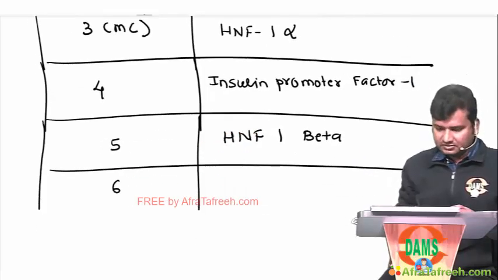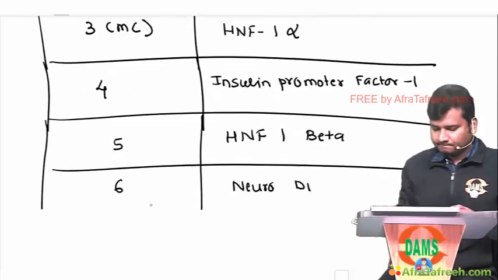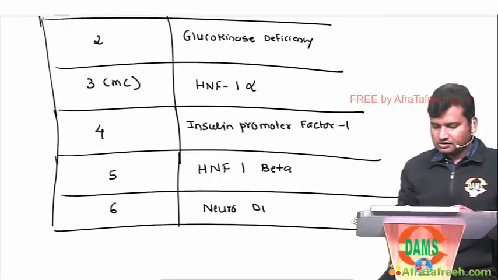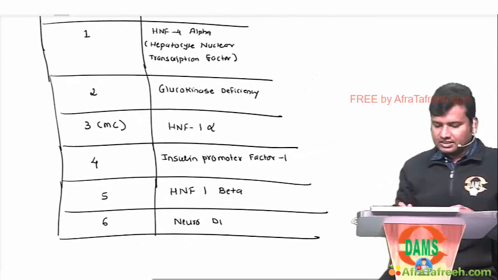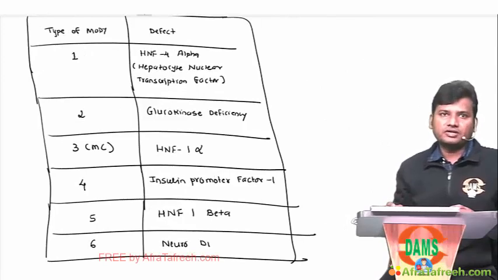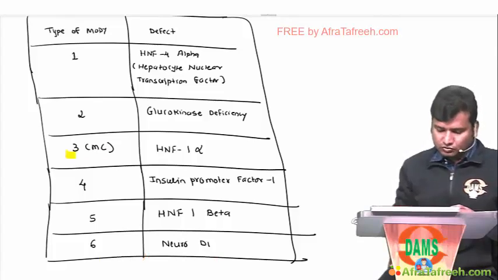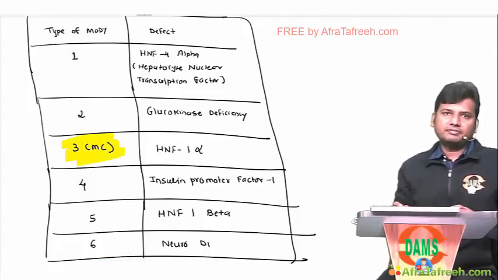And sixth, NeuroD1. Okay, so these are the total 6 types of maturity onset diabetes of young, and all these defects are present in beta cells. Your MCQ: most common type of MODY is MODY type 3.